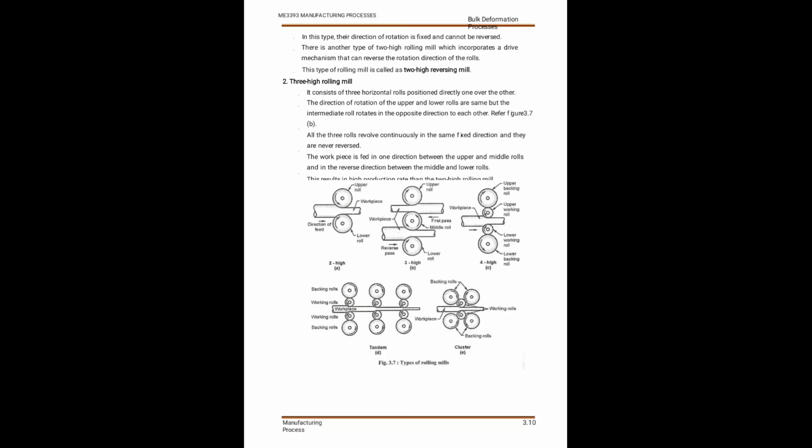The direction of rotation of the upper and lower rolls is the same, but the intermediate roll rotates in the opposite direction. The rolls rotate continuously in the same feed direction and are never reversed.